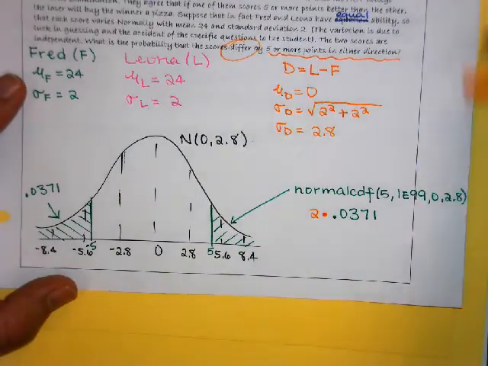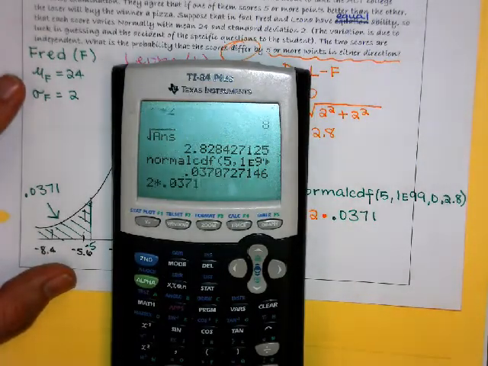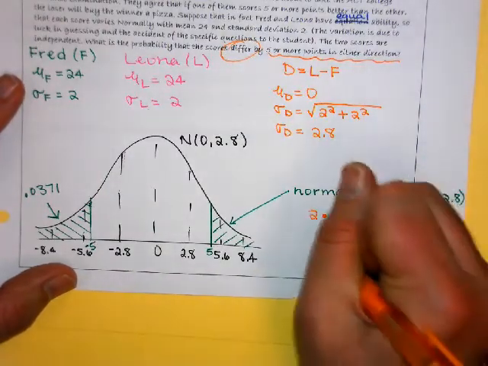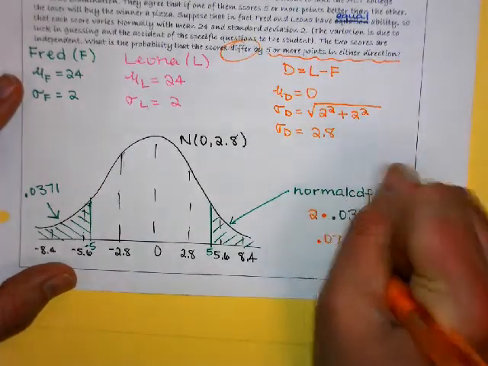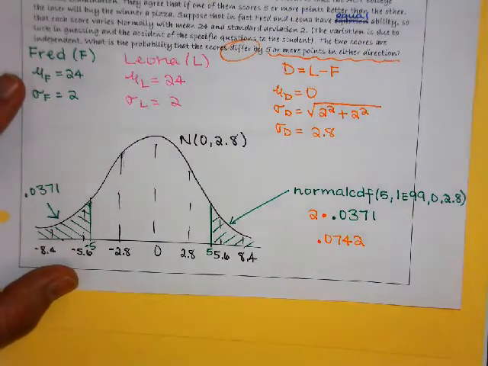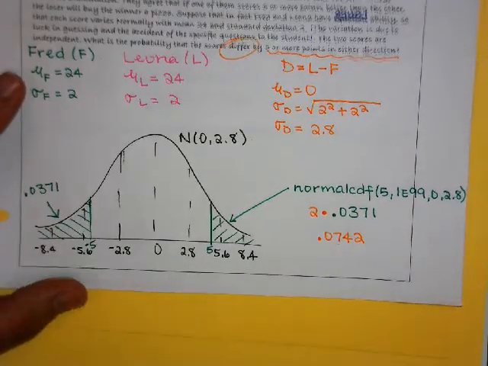So there's about a 7.5% chance that somebody's going to buy the other one pizza. Any questions on that one? I can't spell chance.